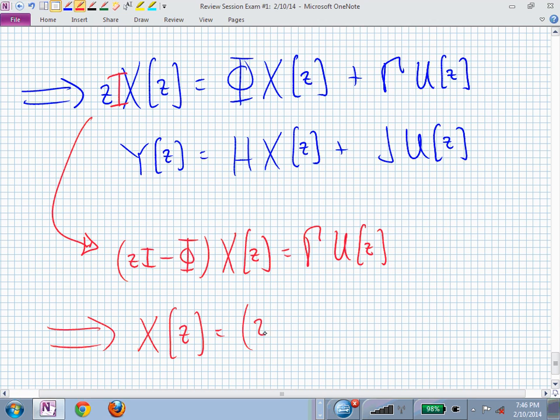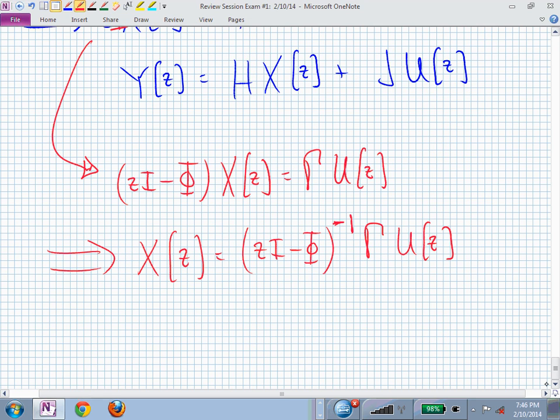And I have zI minus phi inverse gamma U of z. And that's what I wanted. I wanted capital X of z in terms of u or y, so that I could get rid of it or just have one equation that contained y and u.